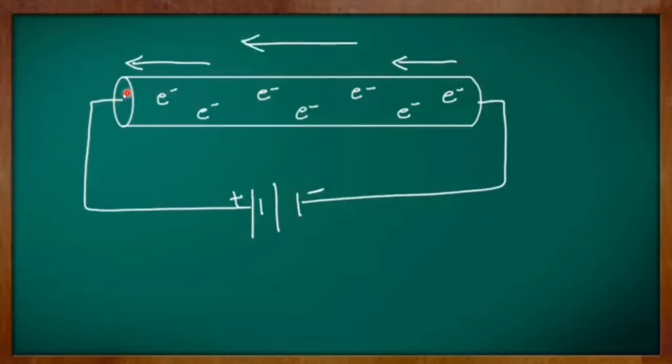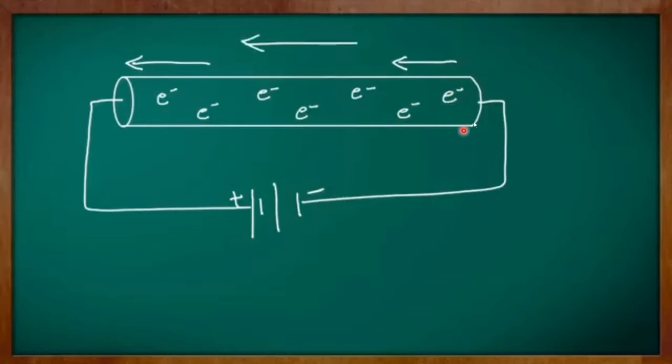As I connect this end of the metallic wire to the positive end of the battery, the negative charges will be attracted by the positive end of the battery. Similarly, the other end is connected to the negative end of the battery, so these electrons, negative to negative, will repel each other.